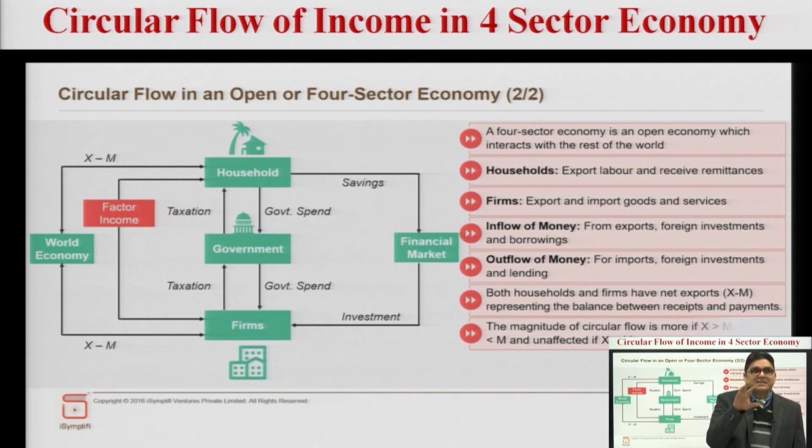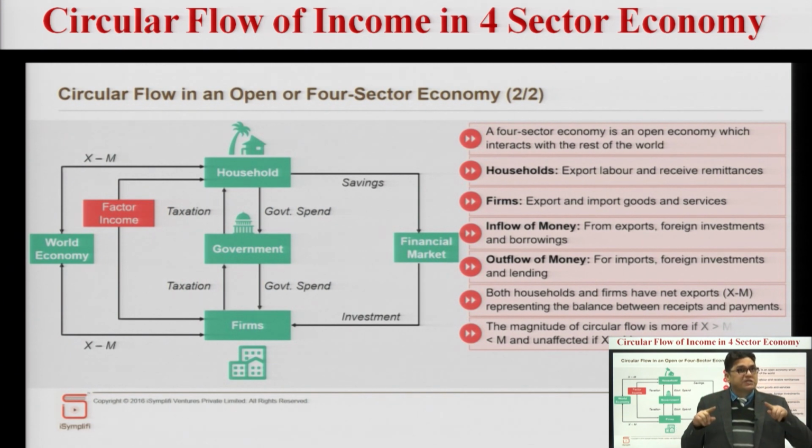So, we see that maximum money keeps coming in from European countries, from America, from the rest of the world, and they keep on investing into our economy because they are very optimistic about India, its growth story, its GDP, that India as an economy is expected to keep on rising.